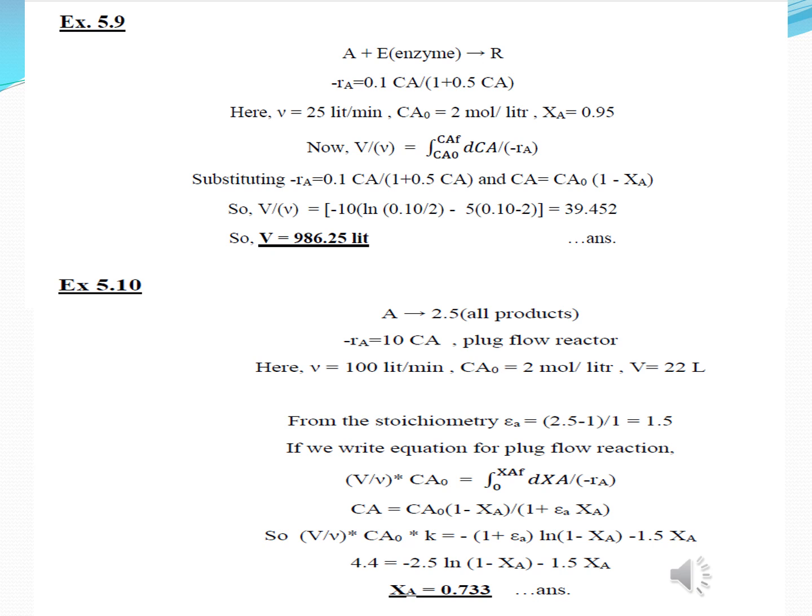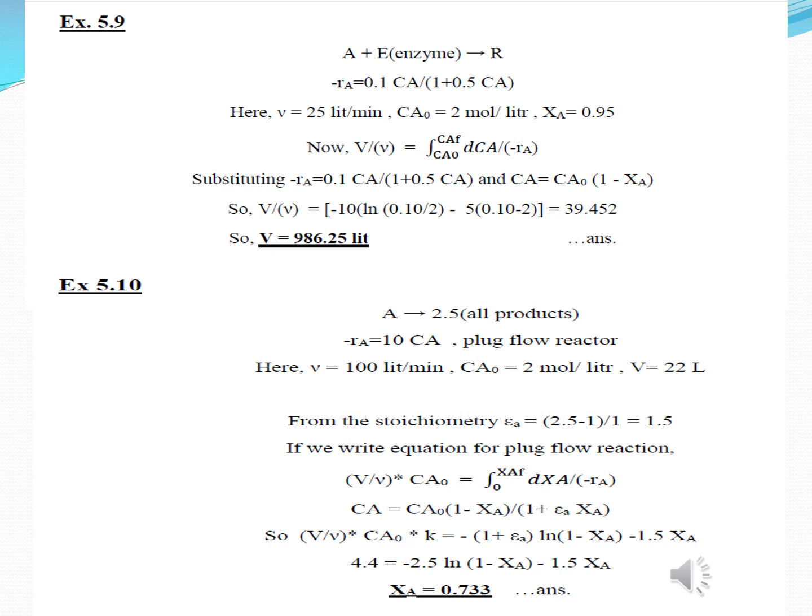The performance equation of the plug flow reactor: V by V naught, the space time, is equal to the integral of dCA over minus rA, from initial concentration to final concentration. We substitute the value of minus rA in this expression, solve the integration, and end up with this expression.